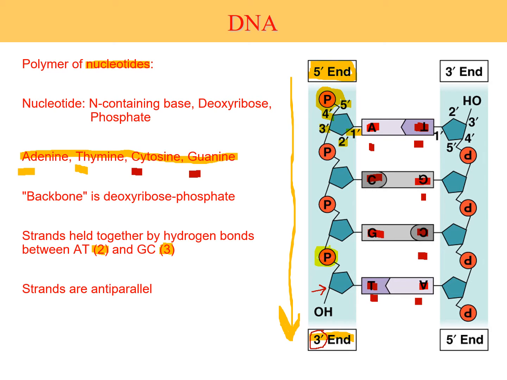Now this strand is going 5' to 3' in this direction, and what is meant by anti-parallel is that the other strand will be going in the opposite direction. It'll be arranged in the opposite direction, and so you will have a 3' end here and a 5' end there.